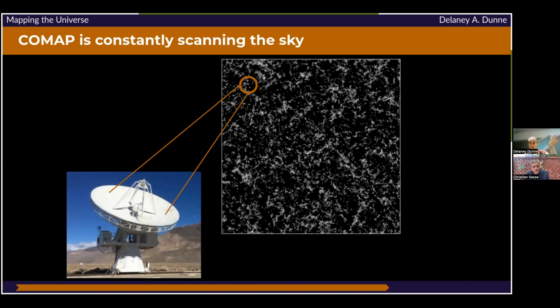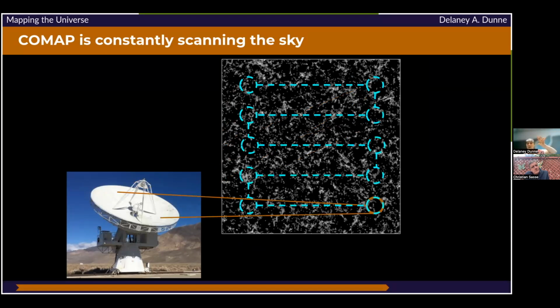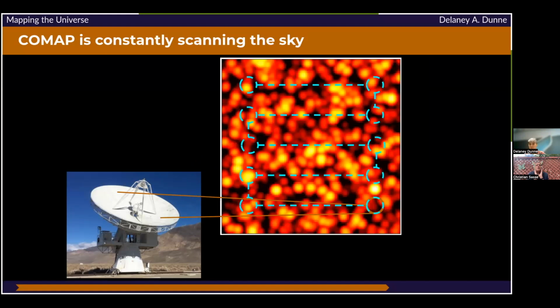Instead, we have to scan the sky. And so we take our telescope and we focus on one corner of our field, and then we scan it across, and then we go down and do it again. And then we just keep doing that until we've covered our whole field. And with the poor resolution of COMAP, that looks something more like this, is what ideally we would see.